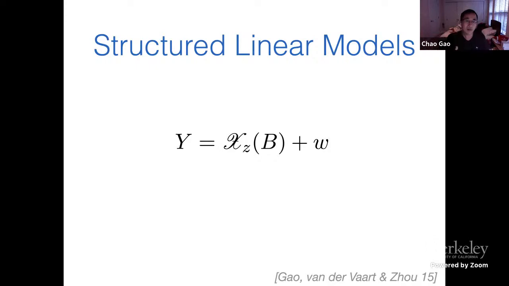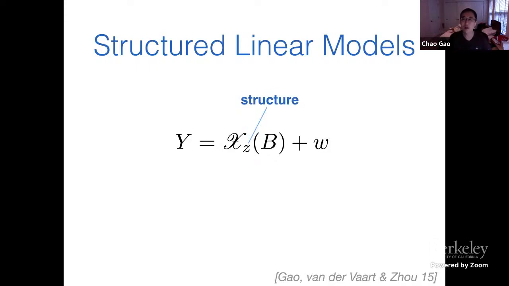In this framework, what you have is a data object, Y. It can be written as the sum of a signal part and a noise part. Let's just ignore the noise part. The signal part has 3 components. The first component is the structure parameter Z that we are trying to estimate.